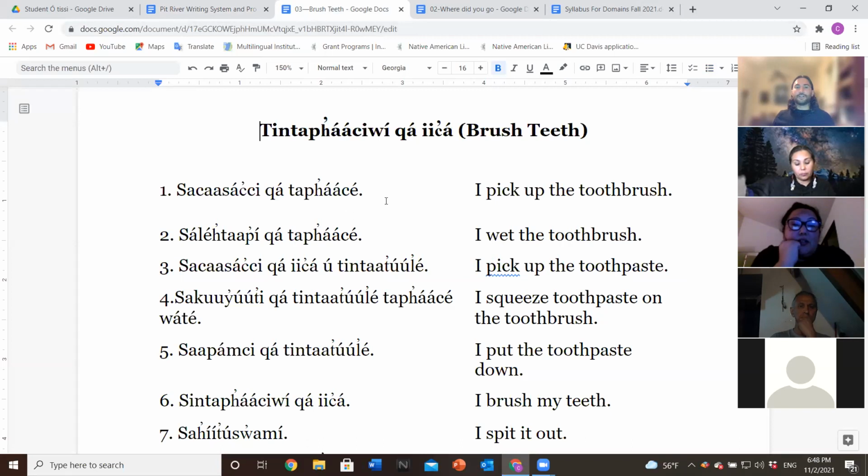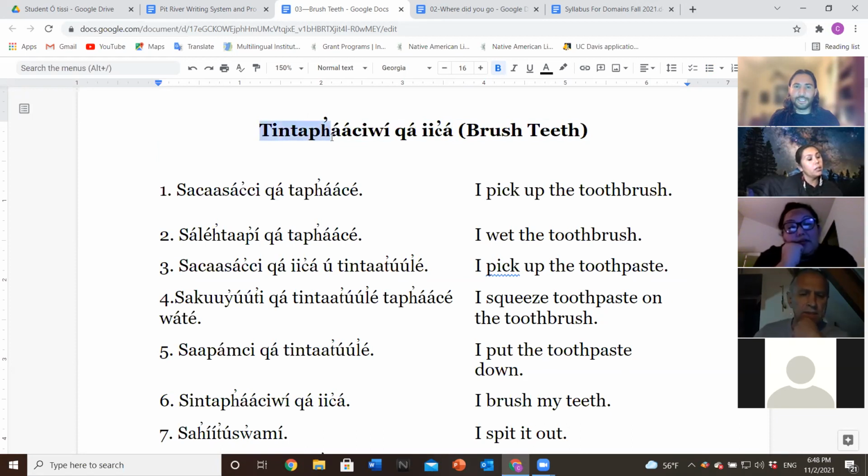Okay, so we're going to do brushing our teeth, which would be dindap ha jui ga I ja. I ja is teeth.